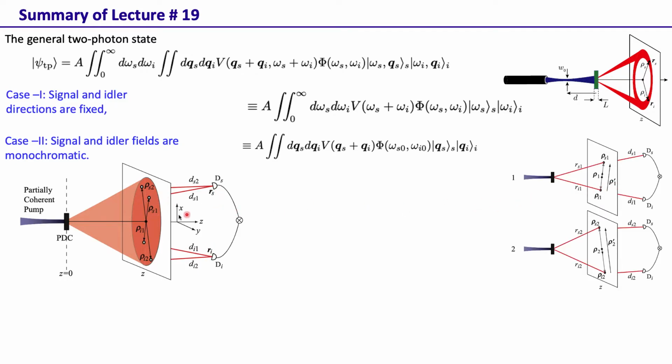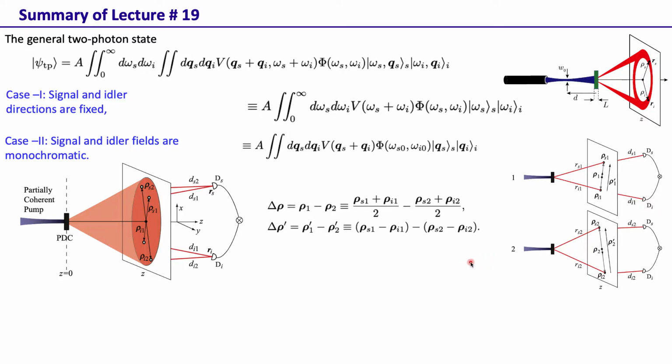In alternative one, the two photons are going through these holes located at rho S1, rho I1, and in the other alternative, the two photons are reaching the detector through the holes at rho S2 and rho I2. So these are the two alternative ways in which the down converted photons can reach the detector and get detected in coincidence. So two photon interference happens if these two alternatives are indistinguishable, or if these two alternatives are coherent with respect to each other.